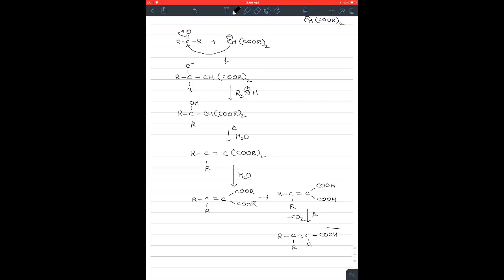So this is the product. This is the final product of Knoevenagel reaction. So today we have done 3 reactions. The first one was Beckmann rearrangement, second one was benzylic acid rearrangement, and the third one is Knoevenagel reaction.